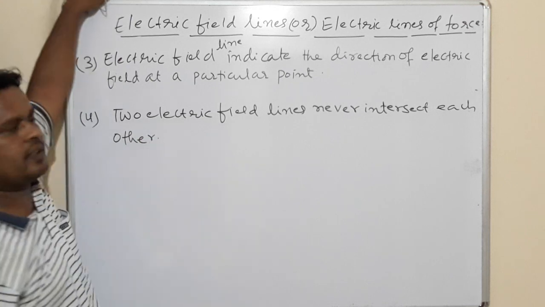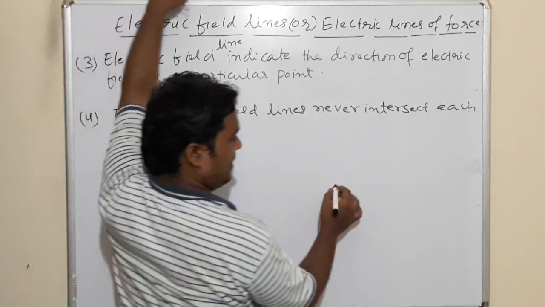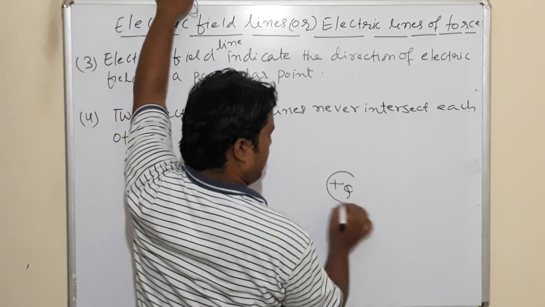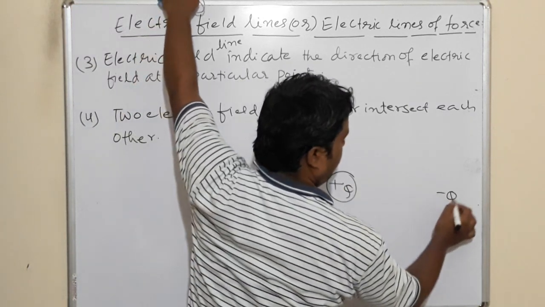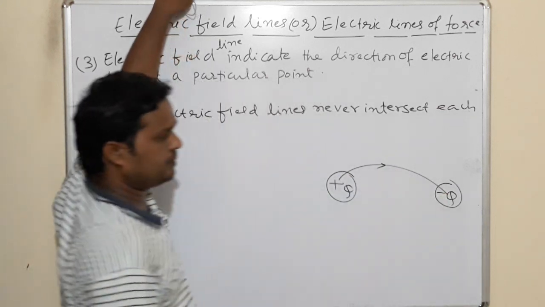They never intersect each other. The reason is, as I just told, suppose this is a plus charge and this is a minus charge, and we have drawn an electric field line like this.